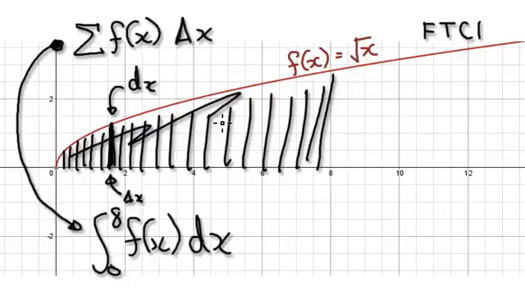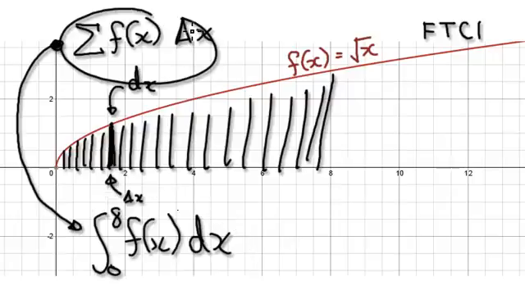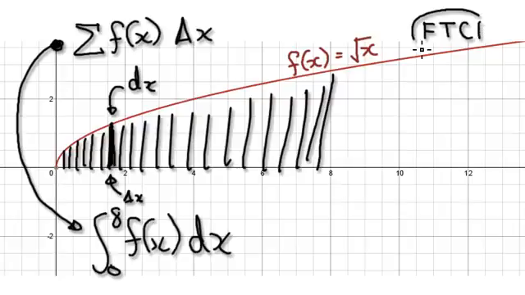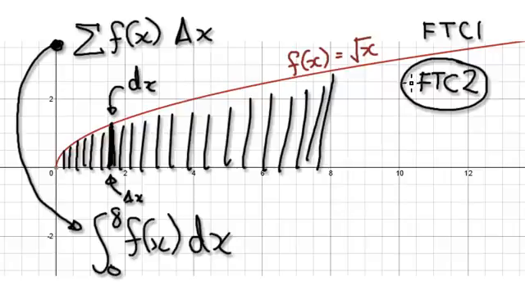So in effect, to work out this area here, we're summing up all the rectangles. But then by using the fundamental theorem of calculus 1, we would use this to evaluate this, because the fundamental theorem of calculus 1 allows us to do that. But in order for us to fully understand it, we would use the fundamental theorem of calculus 2 to prove the fundamental theorem of calculus 1.